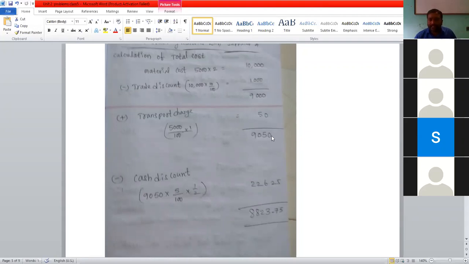So this 9,050, 5% is the cash discount, and 1 by 2, I am writing here the fortnight. So every month will have 30 days, and 15 days we are calling as a fortnight. So 15 by 30, you can make how much you are going to get? 1 by 2. So that you are getting here 226.25. So 9,050 minus this, you are getting the total cost here 8,823.75.